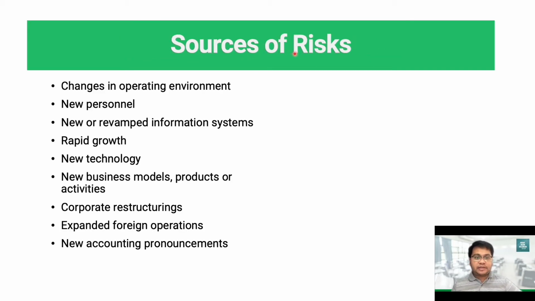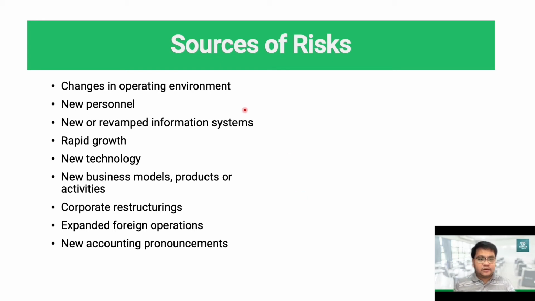These are some examples of the sources of risk. If our client experiences any of these or a combination of these, that would go a long way in our assessment of their control risk.